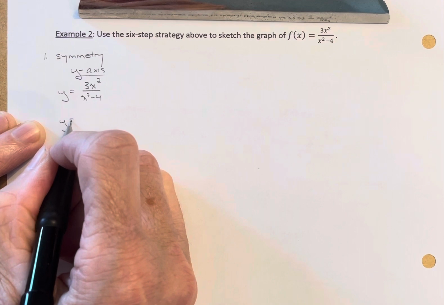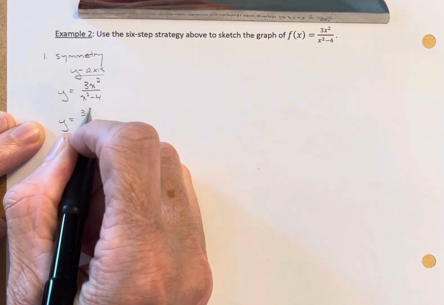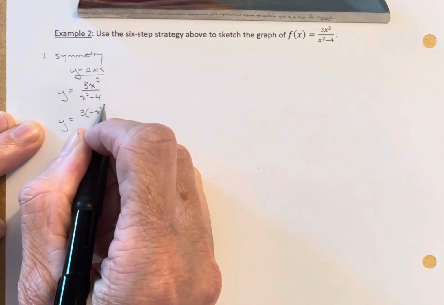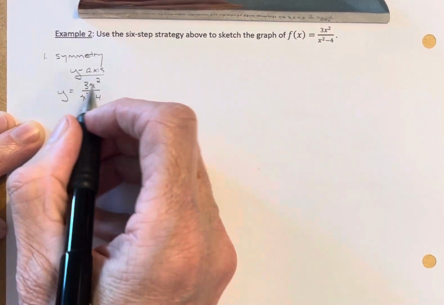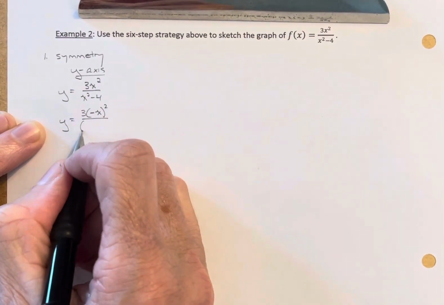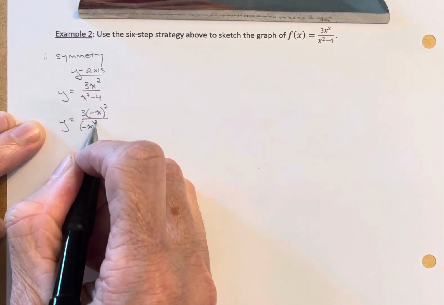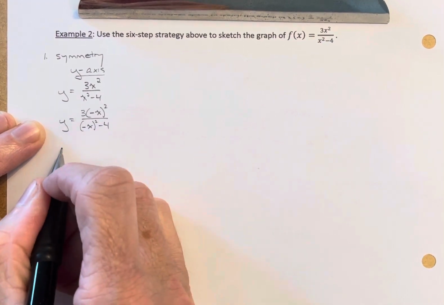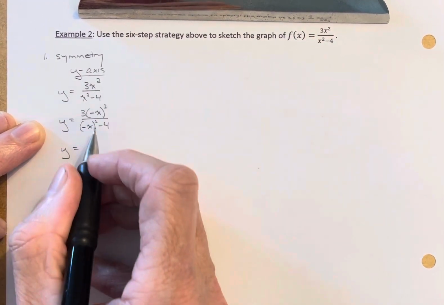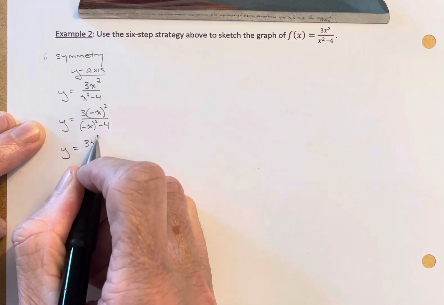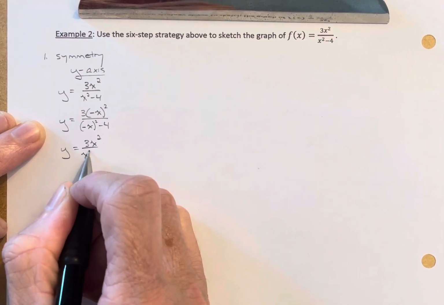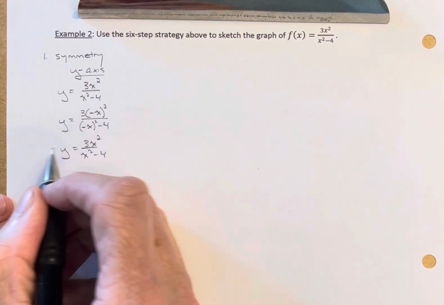We replace our x's with negative x's, so 3 times negative x, the quantity squared. 3 times negative x squared. And then we have negative x squared minus 4. And that's the same, well, negative x squared is x squared. And so we can rewrite it like this. And same.